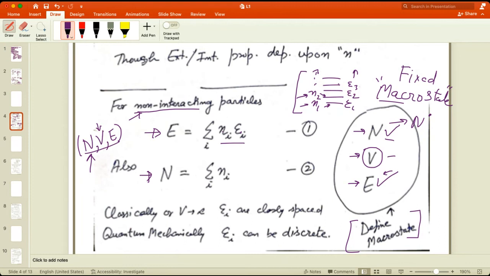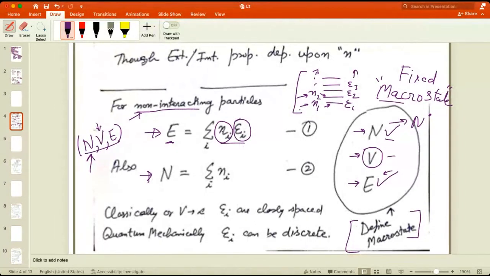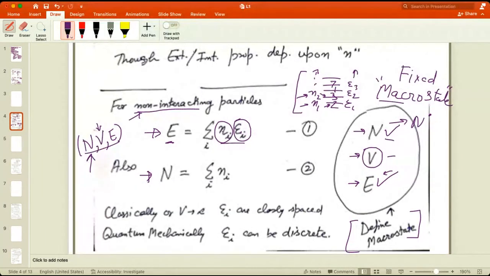The number of possible permutations in which you can arrange these Ni particles among Ei energy levels such that this summation equals E. So you can arrange, for example, two particles here, three particles here, maybe one particle here, seven particles there, and so on. Some of the energies may be negative, positive, or even zero, so that you do this summation and you get this energy E.